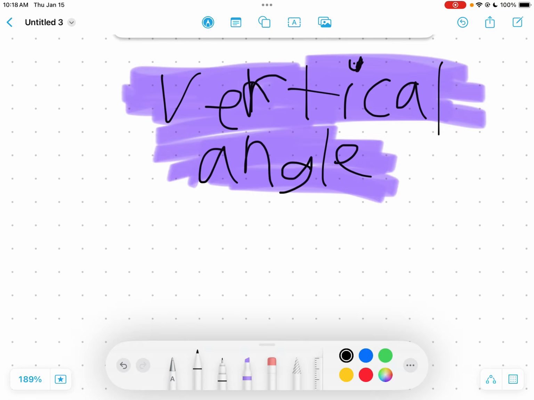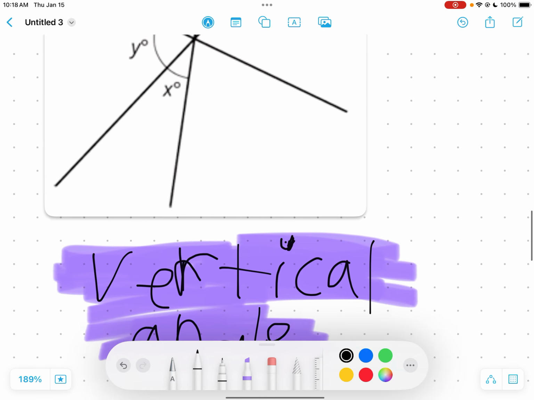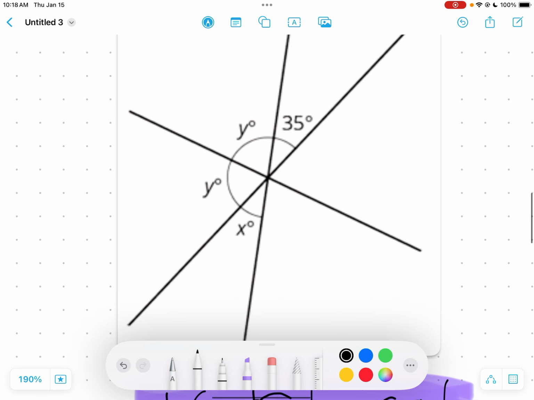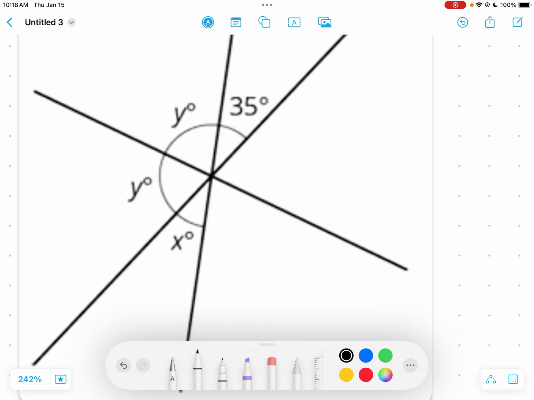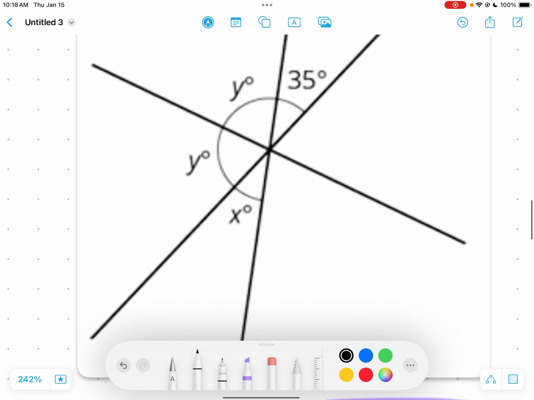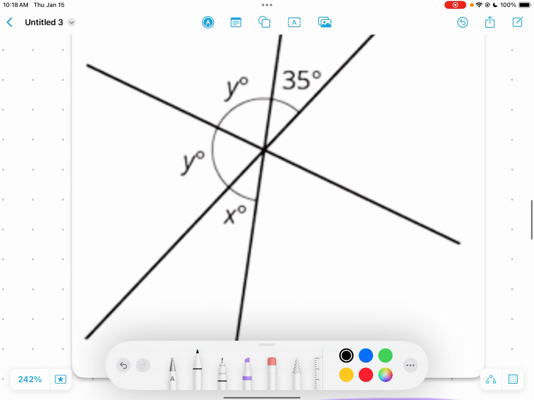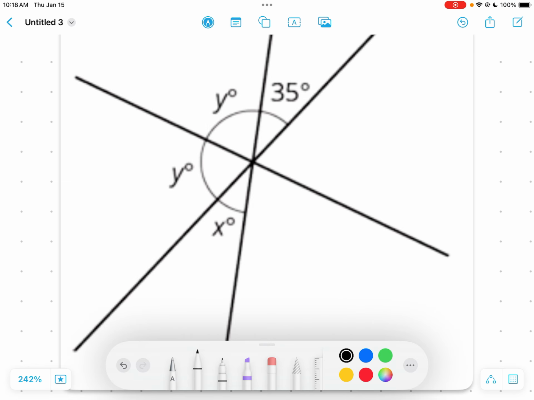And since the number 35 is right across from x, it might as well be equivalent. A vertical angle is when opposite angles share the same vertex or align perfectly on opposite ends, which is exactly what this is. So what we do here, cross out x, turn it into 35.